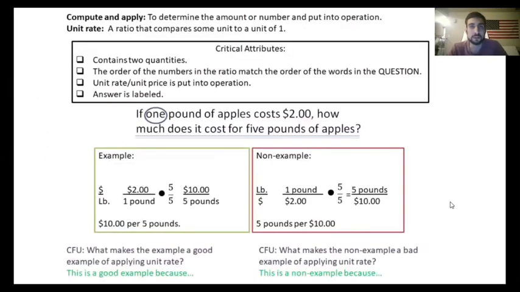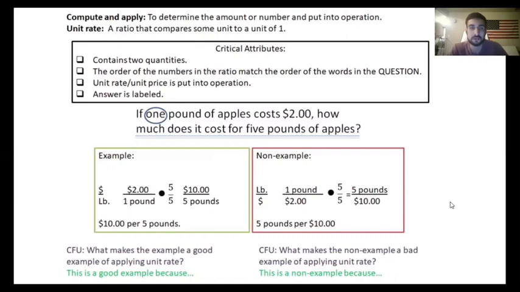All right, so computing and applying, this is when we're going to determine the amount or number and put it into an operation. The unit rate, we know that's going down to a unit of 1. So for this, there are going to be 2 quantities. In our example, we have dollars per pound, and the order of the numbers will match the order of the words in the question. So we want 5 pounds of apples, and then we have the cost for 5 pounds of apples.